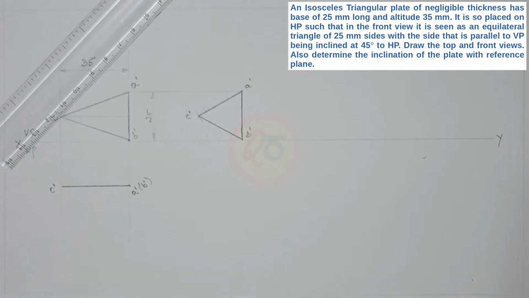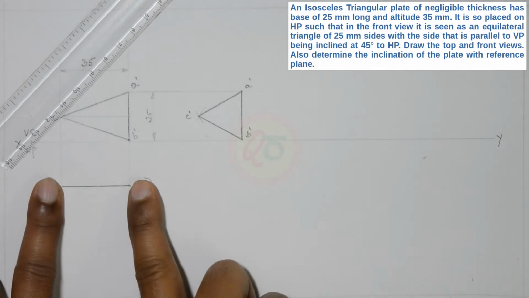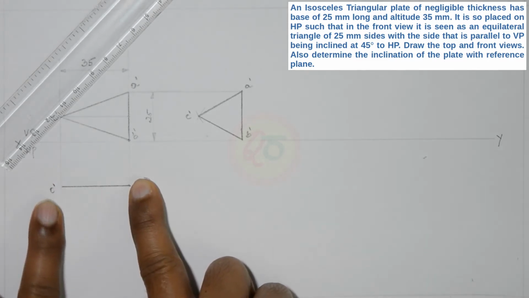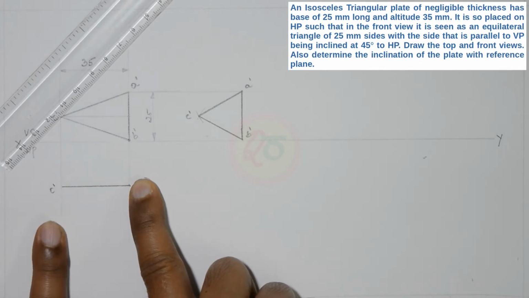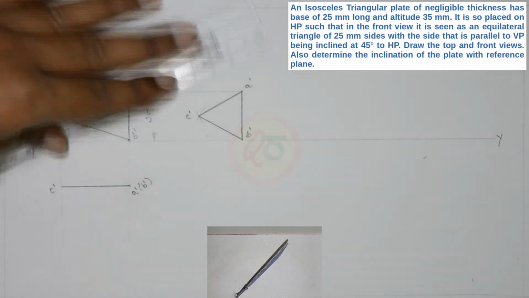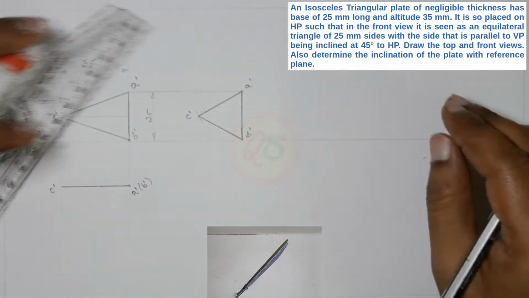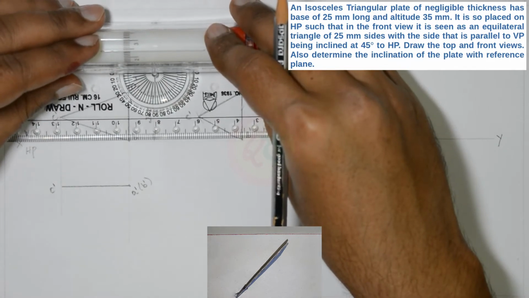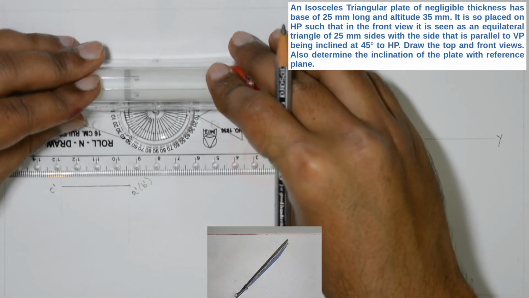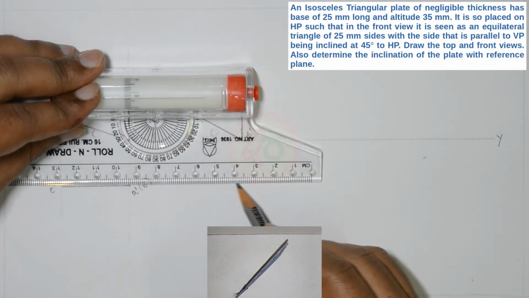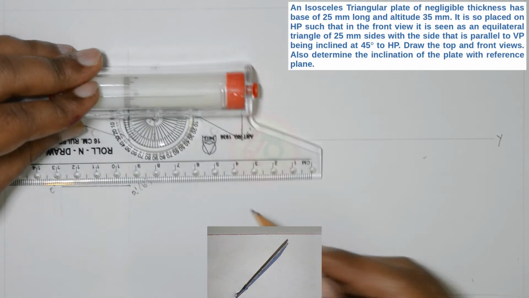Okay. Now, this line will not change its length. It will take an inclination. Okay. So what we'll do is, we'll draw the projection line from C dash, V dash. Okay.